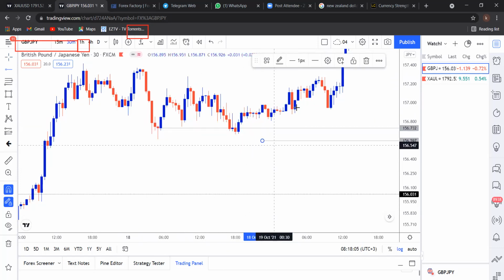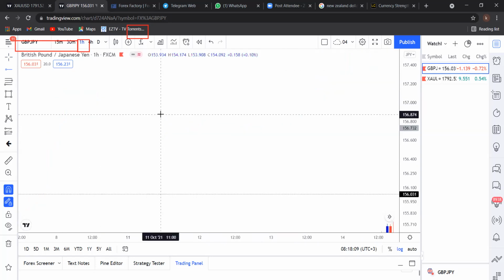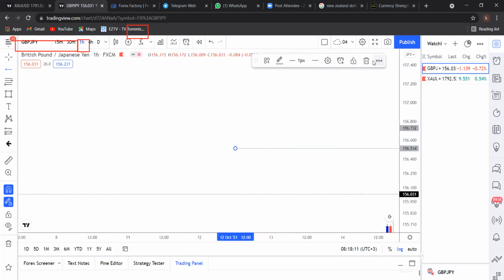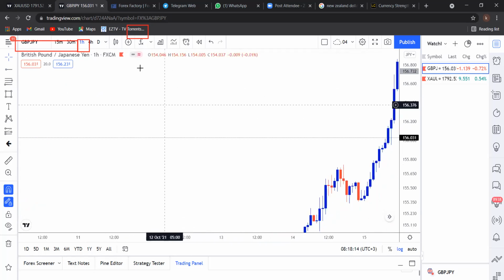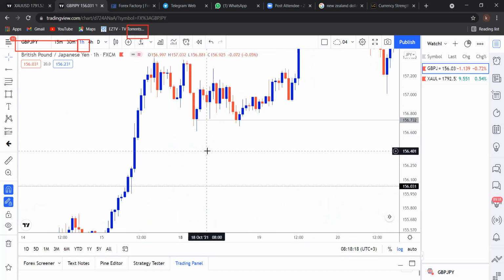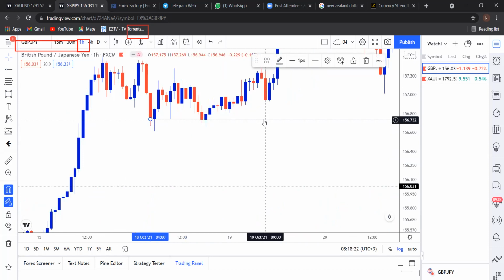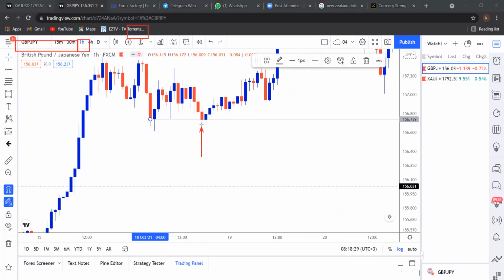So nikiangalia on the 1 hour time frame, ukiangalia vizuri, hii was a bad sell I took. This candlestick, it didn't close a strong bearish candlestick below this resistance, this support over here. So I took a sell, as you can see.